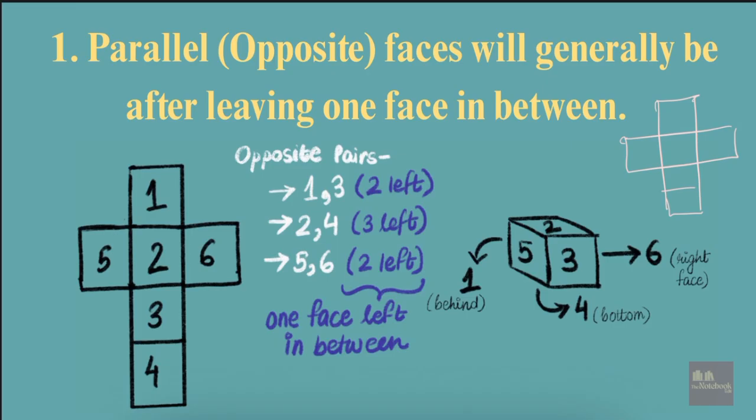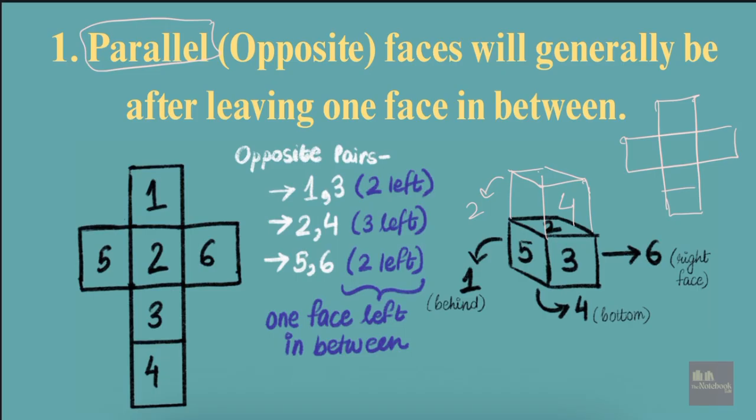However, by parallel, what we mean is that, for example, if I'm going to stack cubes on top of this, like this, and if I have let's say numbers over here, so if 4 is over here, what is behind it? 2.